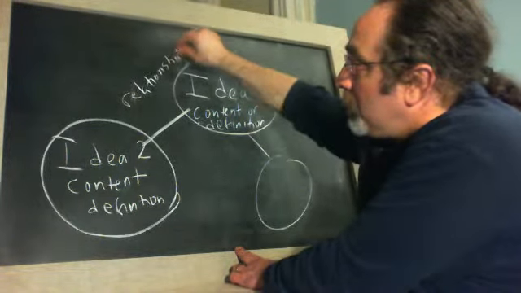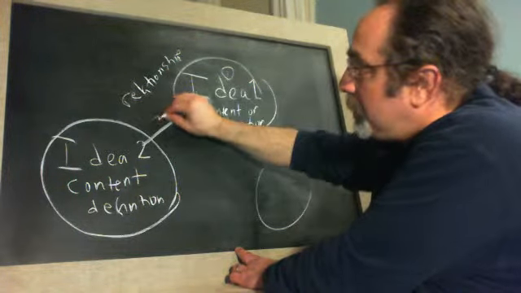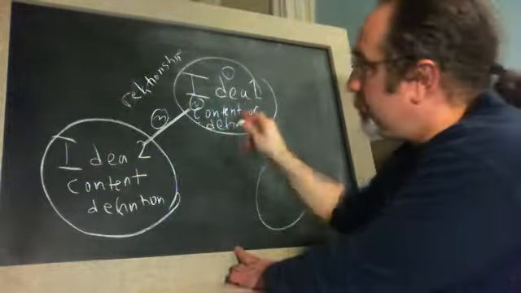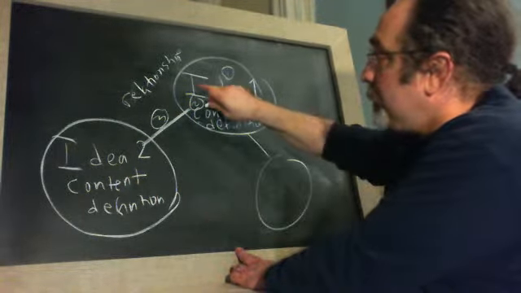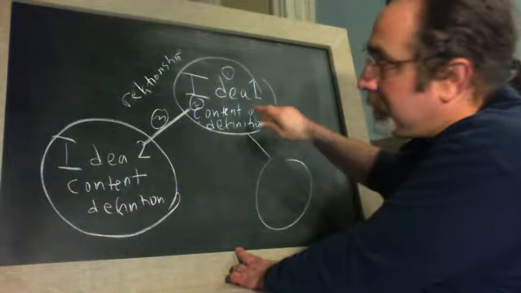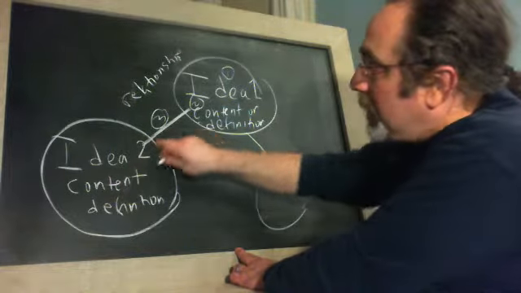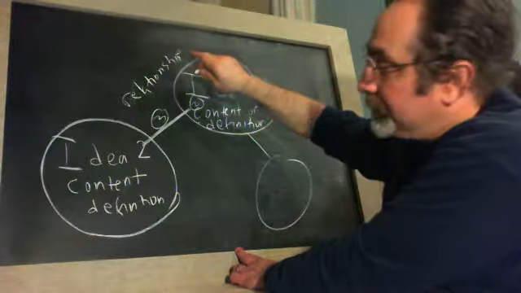So in all, what you need is 1, 2, 3 pieces of information between any 2 ideas. You need some basic idea, something about the idea, same here, a line, and then stating the relationship between the ideas.